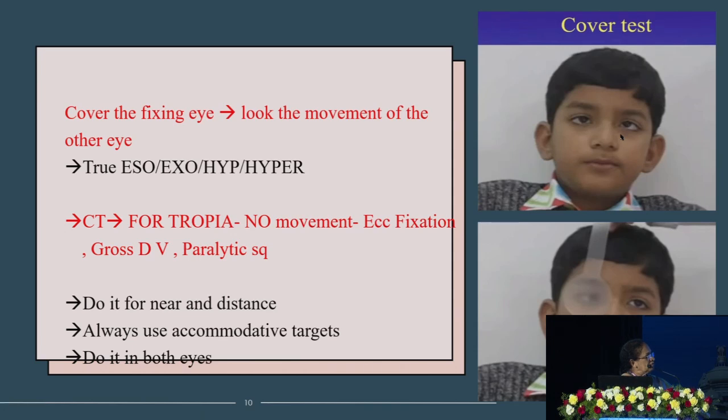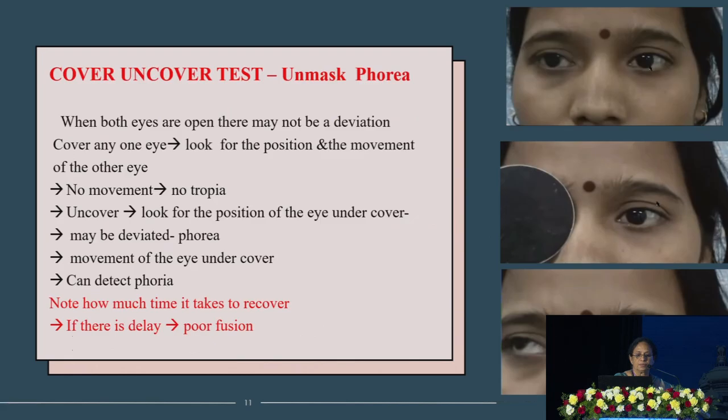You cover the good eye first and see the position of the squinting eye. If it moves to take a fixation, that means the patient has reasonably good vision, and if it moves out to take a fixation, it was an esodeviation, like that. If the patient is not able to move the eye to take a fixation, then there is the chance that the vision is so little, gross amblyopia, or it is an eccentric fixation, or a paralytic squint.